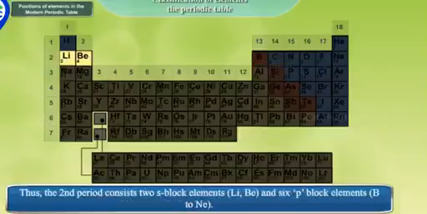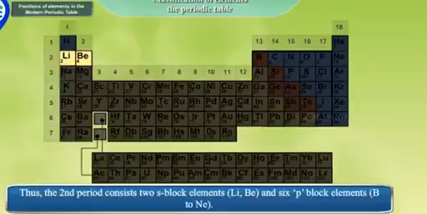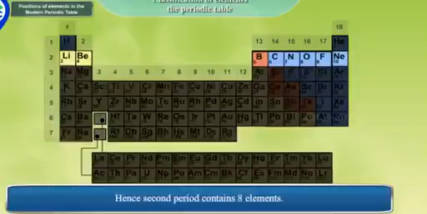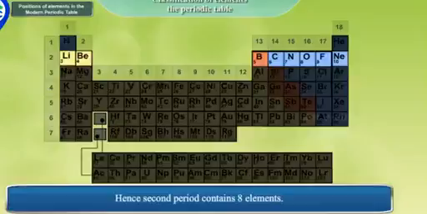Thus, the second period consists of 2 s block elements, that is Li, Be, and 6 p block elements, B to Ne. Hence, the second period contains 8 elements.